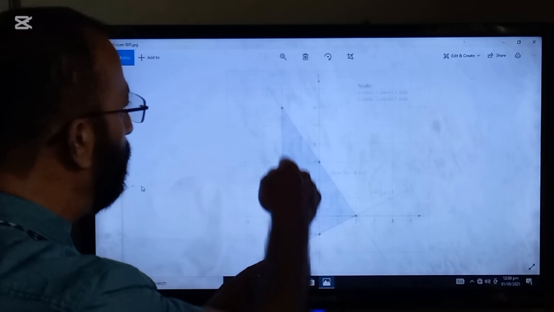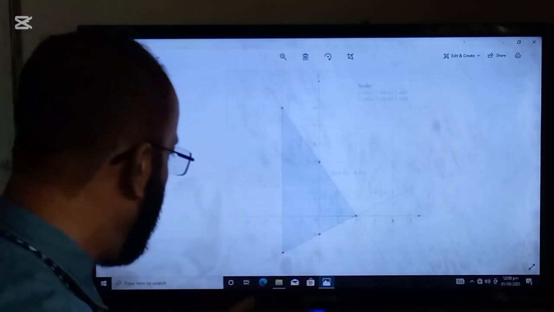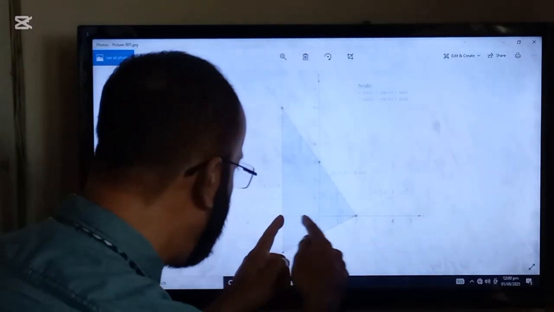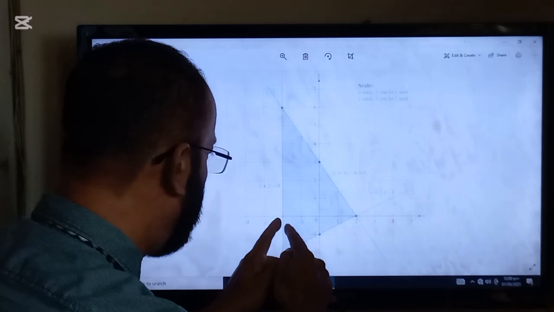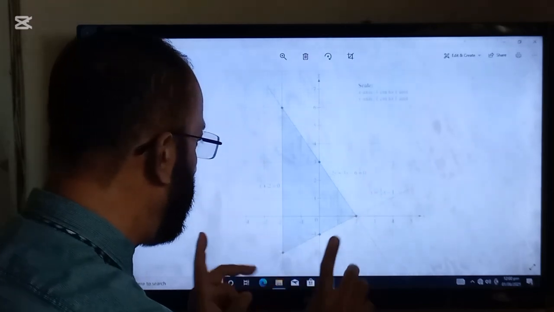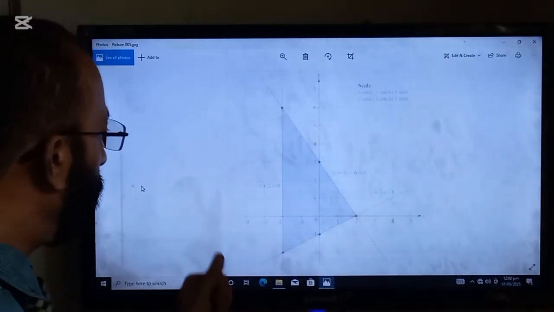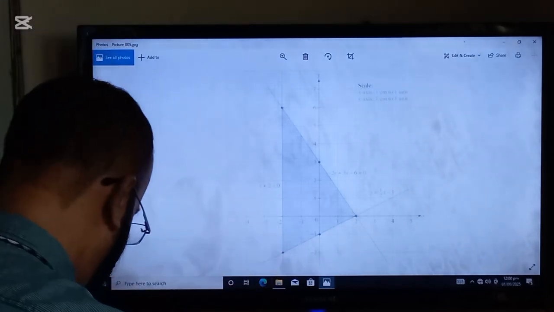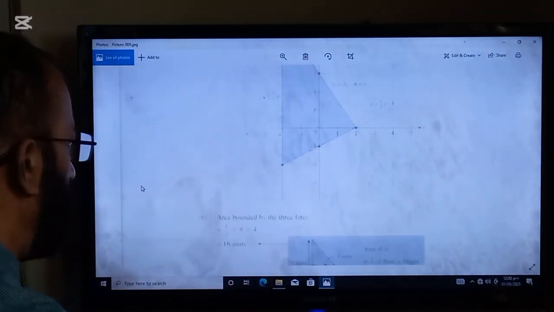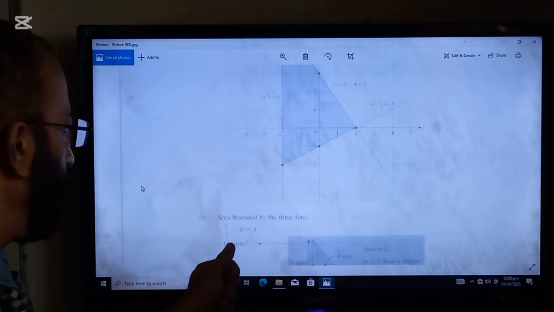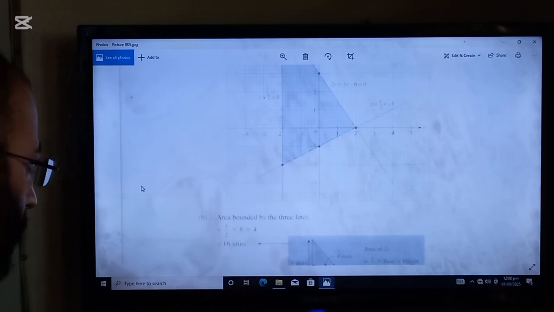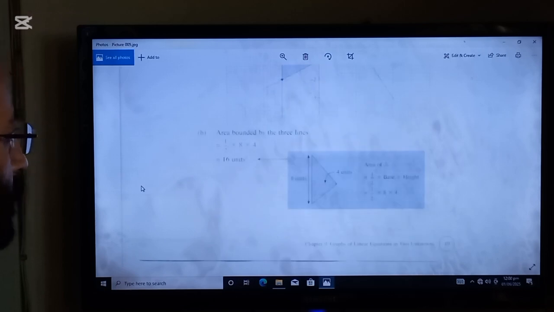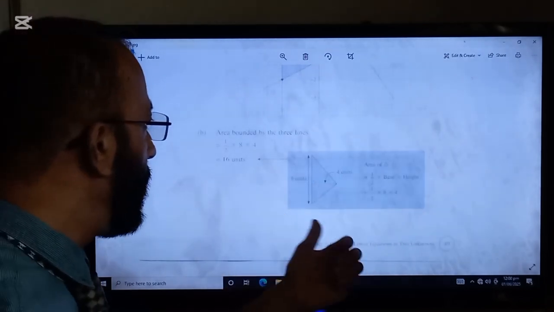So it means the base is 8 units. And the height is from this to this, the perpendicular height. So -2 to 2, the height is 4. So 1 by 2 into 8 into 4 will be the answer. Look, 1 by 2 into 8 into 4. Solve it. 16 square units is the answer. This is the sketch.